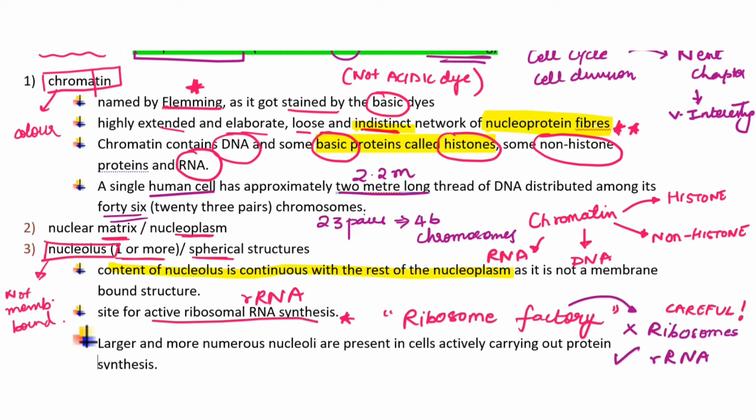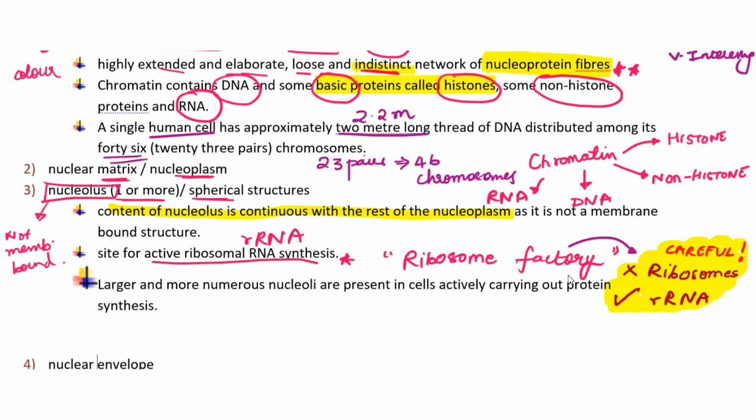So I told you one nucleoli or many nucleoli can be present in each nucleus, and nucleoli can be larger and more numerous in cells which are actively carrying out protein synthesis. So rRNA gives rise to proteins and gives rise to structure known as ribosomes.